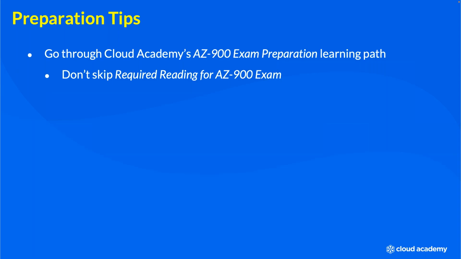And also in some cases, there are little topics that don't fit in any of our courses. So we'll just have some links to the documentation for those in the required reading. So if it's in required reading, it's not covered elsewhere in the learning path, and you'll need to go through those. We don't have too many in there.